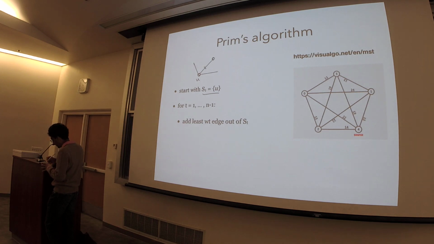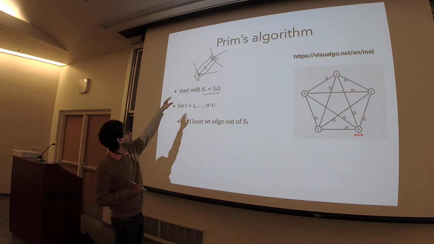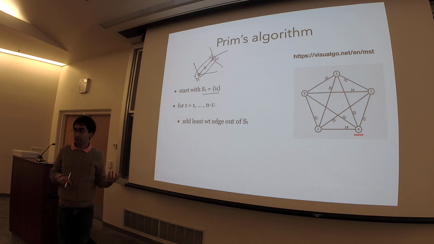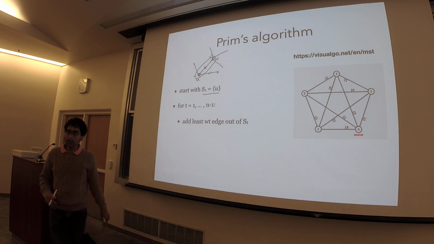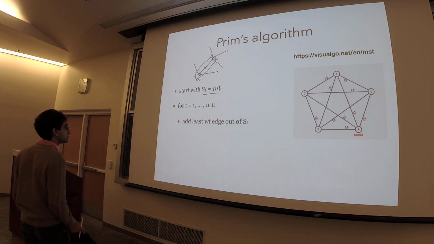You add this edge, and now your S2 becomes this vertex and this vertex, u and v. Next time you look at all the edges out of these two vertices and pick the smallest one. Maybe it is this one this time, and then you add this one to your set and keep going. So that's how the algorithm proceeds.